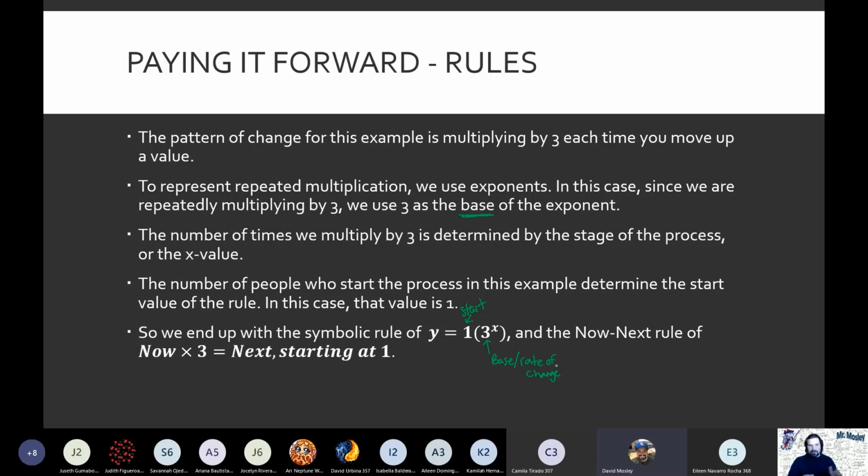In this unit, it will always be called rate of change. We will not call this a slope. Slope is only used for linear functions. So in this case, this is just our rate of change. And the x is representing the stage, or how many times I've multiplied by 3.